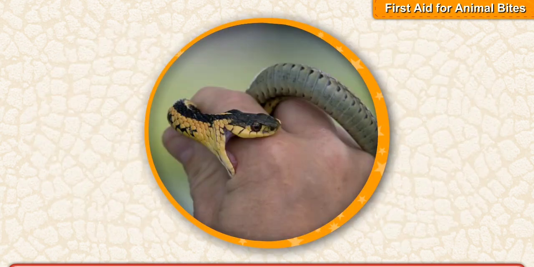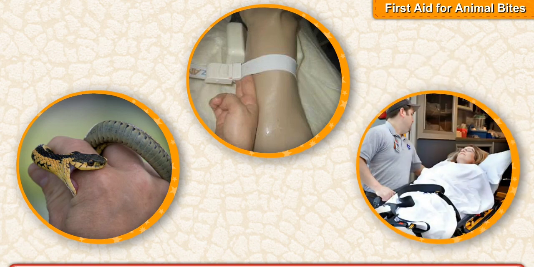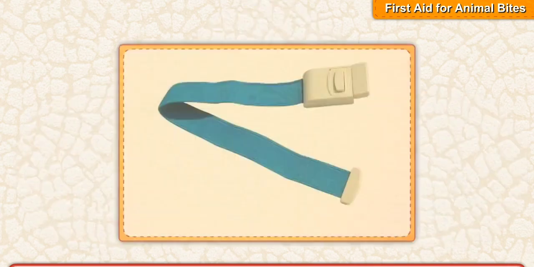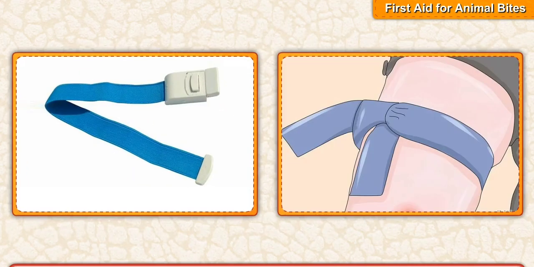In case of snake bite, tie a tourniquet just above the bite to stop the flow of blood to the heart. Immediately rush the victim to a doctor. A tourniquet is a tight bandage that can be tightened further by twisting a cross piece, stick or pencil.